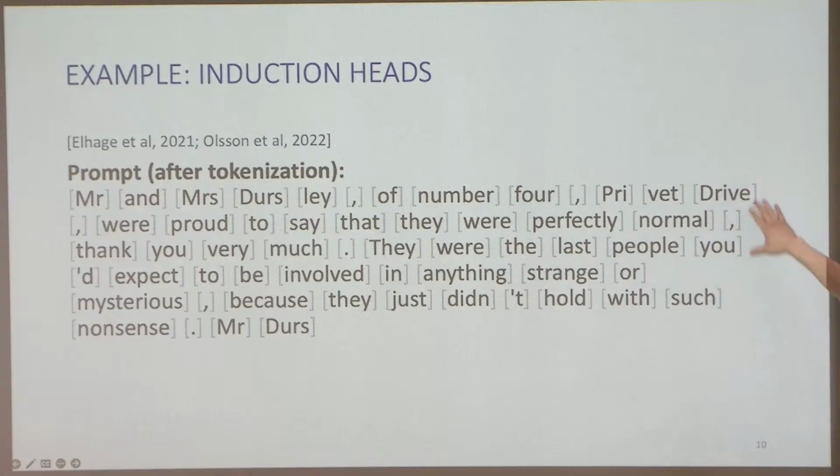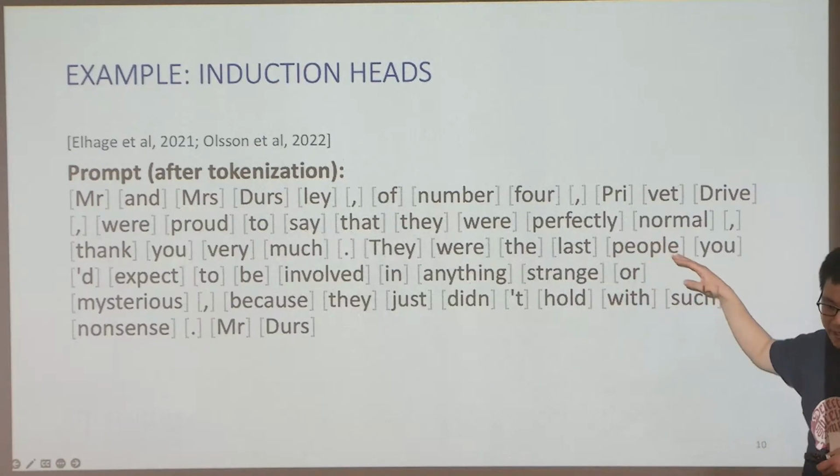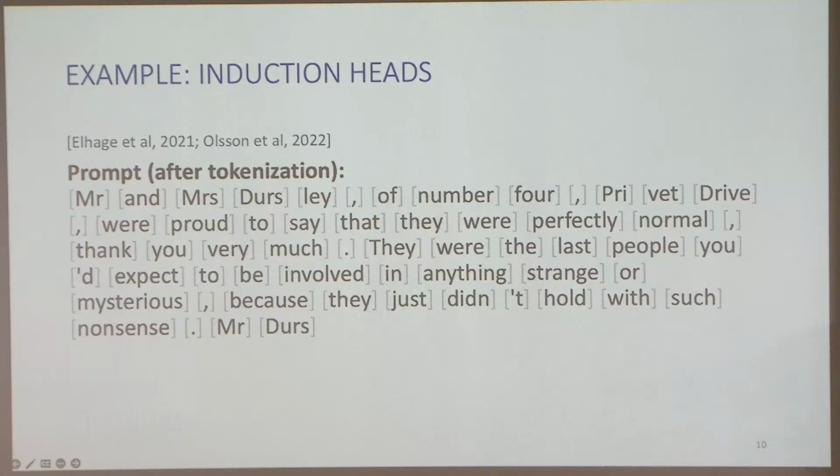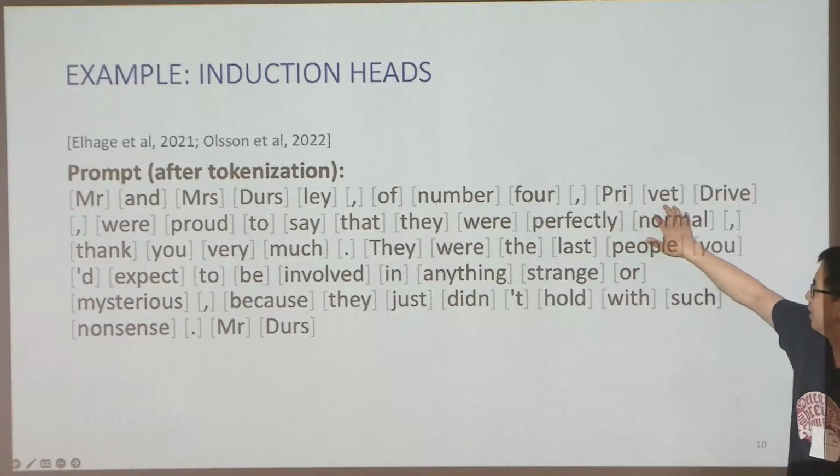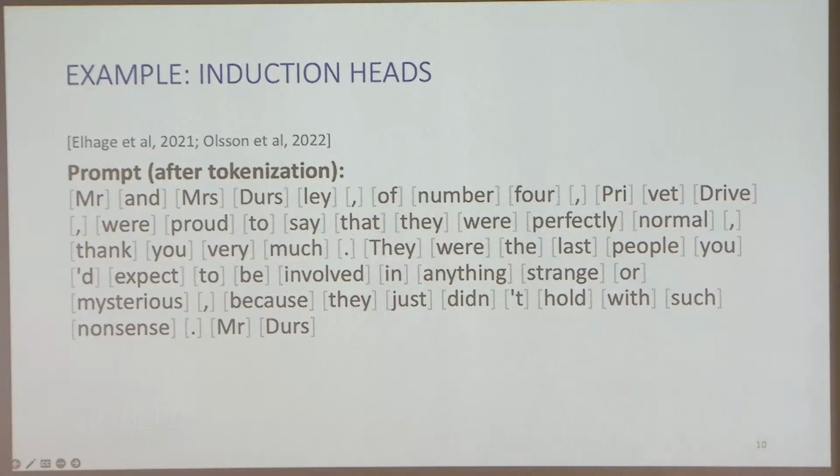So this is a potential prompt that you might input into your transformer, and this is just the first several lines of Harry Potter after some tokenization. Maybe it broke up some of the words, like privet got broken up into two tokens. But this is literally just Harry Potter, and you want to predict the next token that will follow this snippet so far.